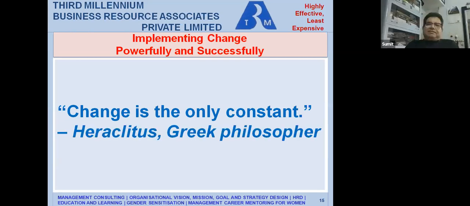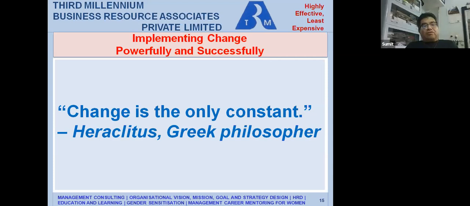This is a very popular slogan these days, but it is as old as modern history or even ancient history. So Greece was known for philosophy all through in those days. As you know, Socrates, Plato, Aristotle. So there was a philosopher not as well known, but quite well known, called Heraclitus.